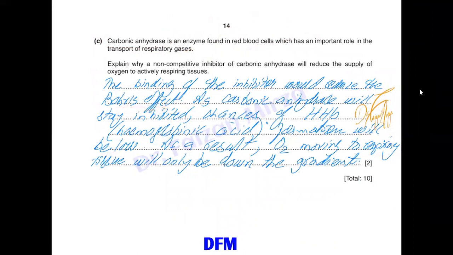As carbonic anhydrase will stay inhibited, chances of HHb formation will be low. We know when haemoglobinic acid forms, the hemoglobin loses a lot of oxygen. So if haemoglobinic acid formation will be low, it means that oxygen delivery will be low as well, because the carbonic anhydrase enzyme stays inhibited.